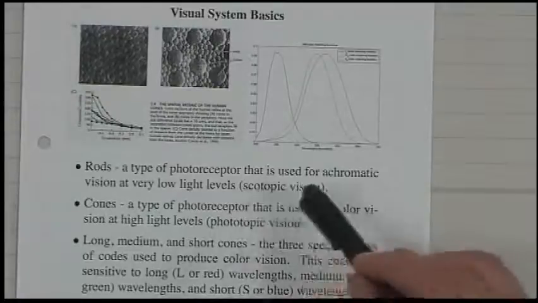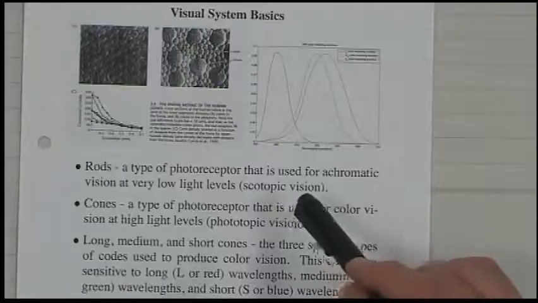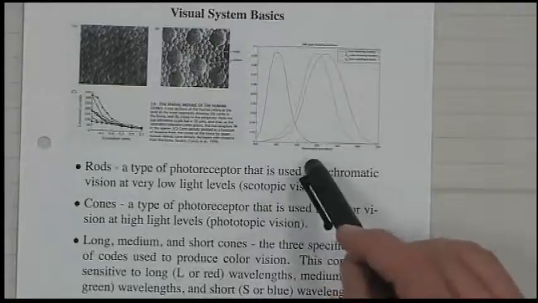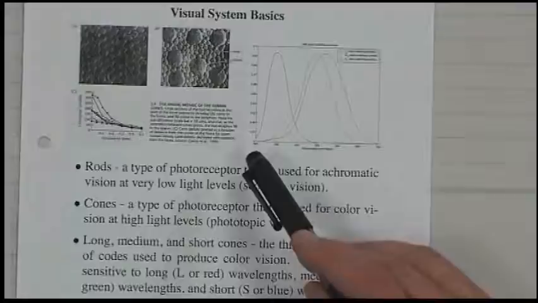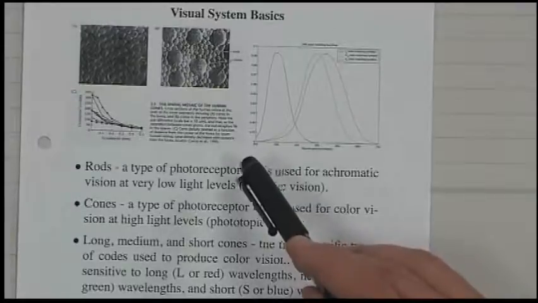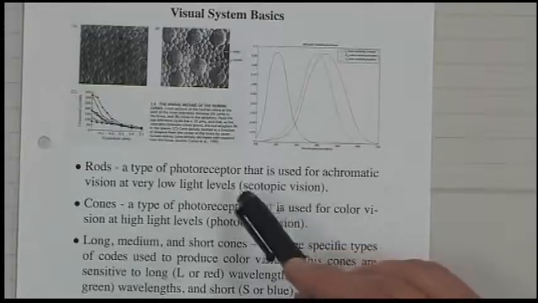But you can take 1 over the number. So basically, if you take the speed of light divided by the wavelength, that'll give you the frequency.